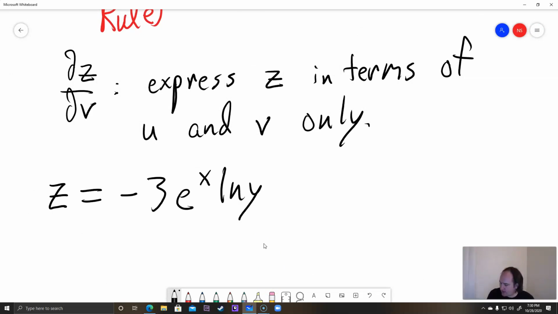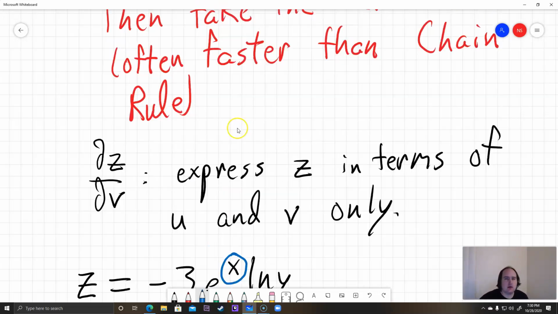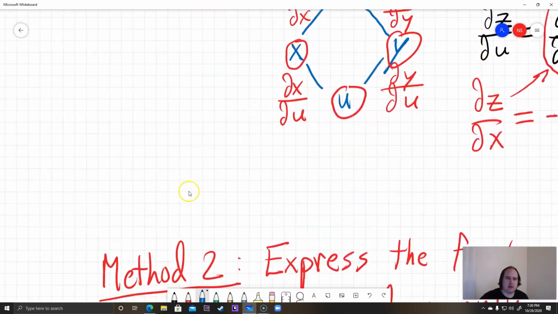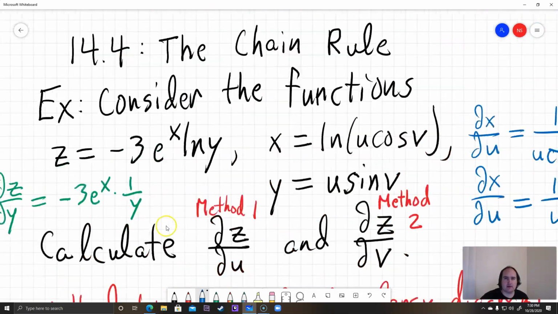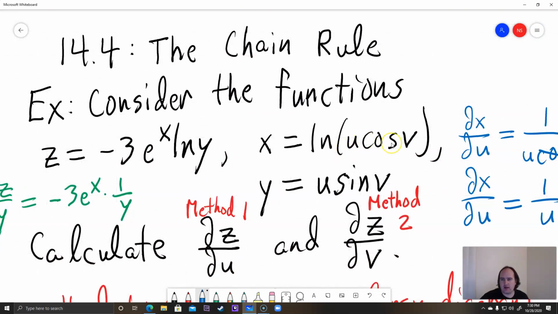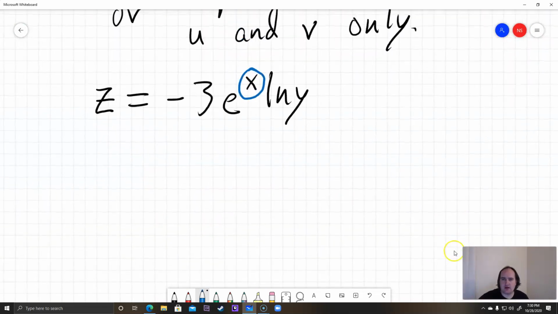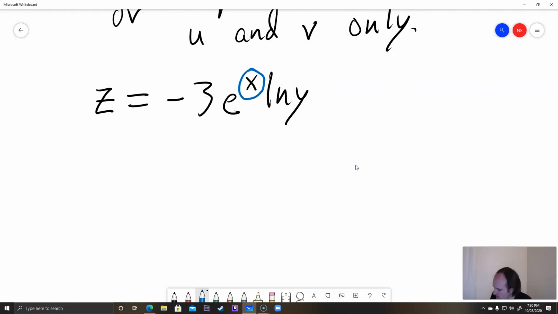Now we have to get rid of the x and the y, so we're going to go ahead and plug in for x in terms of u and v. For x, we said that x equals ln of u cosine of v, so we're actually going to be plugging that in for x. So we have negative 3 e to the ln of u cosine of v.